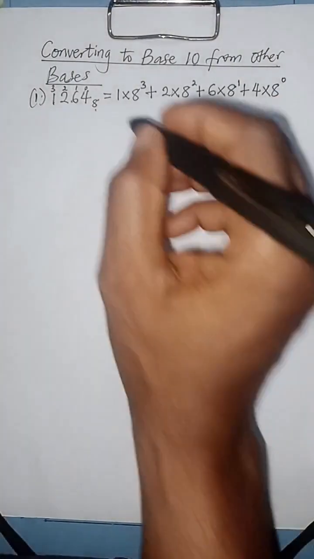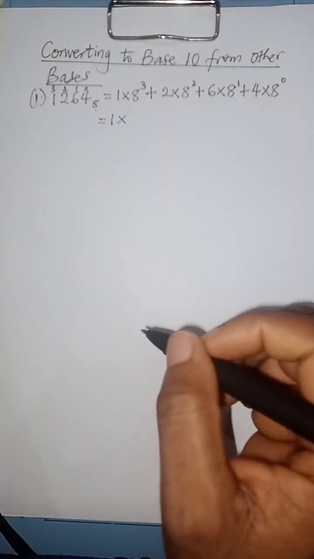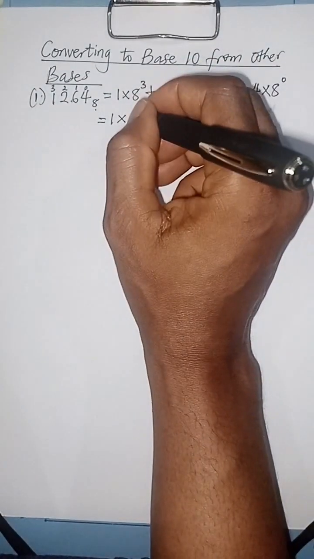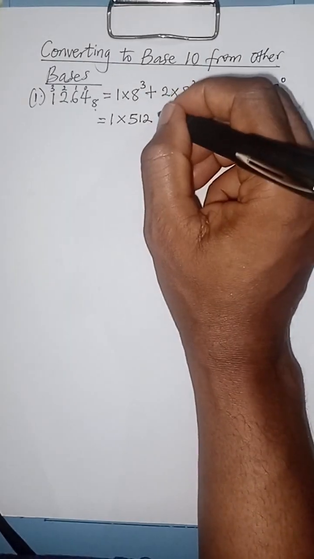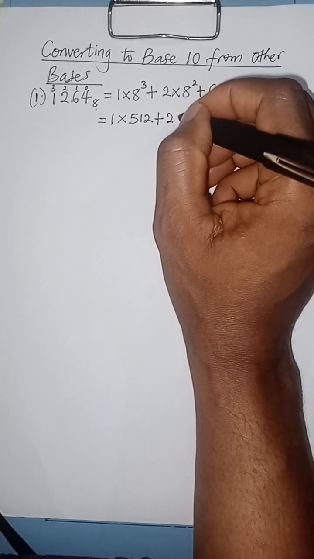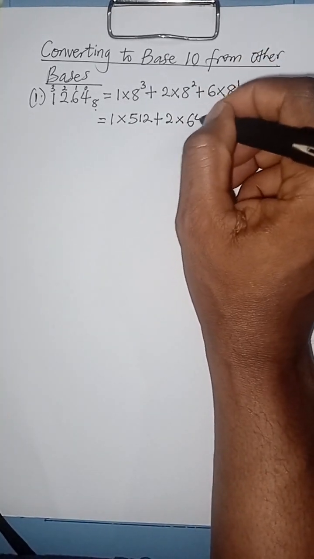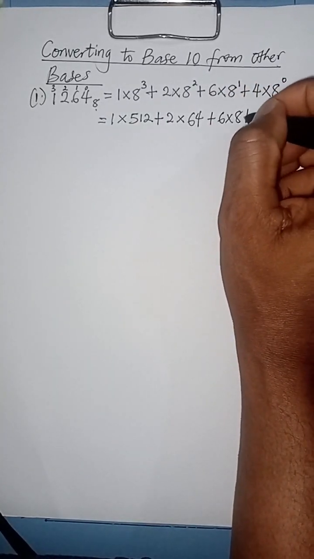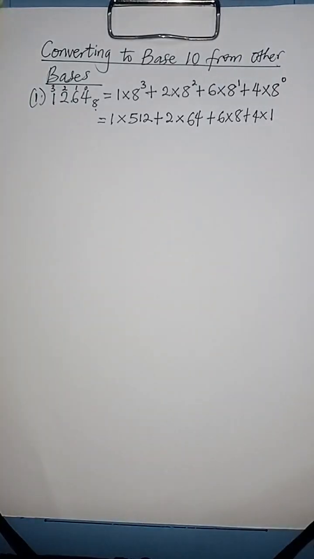So this will give you 1 multiply 8 times 8 times 8, 3 times, that's 8 cube, will give you 512. Multiply, this will be 2 multiply 8 times 8, that's 8 squared, 64. 6 multiply 8, 4 multiply 1, 8 raised to the power 0, it's 1.